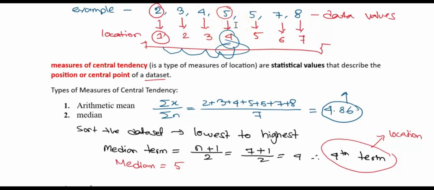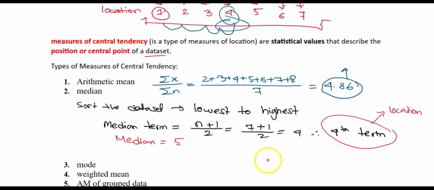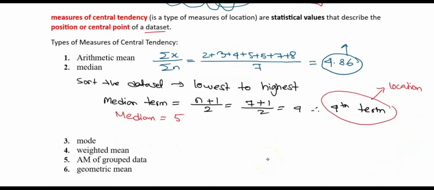Now, what if our data set has, here the fourth term came out as 4 and I took the respective value. What if our data had 8 values? So maybe our data set is 2, 3, 4, 5, 5, 6, 7, 8. How many terms do we have here? We have 8 terms, right?